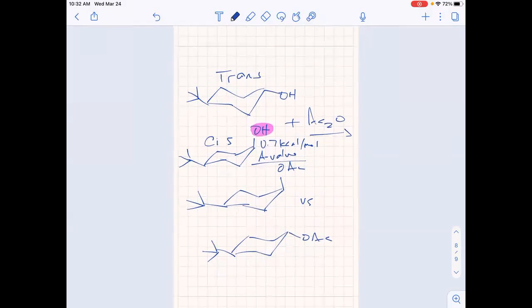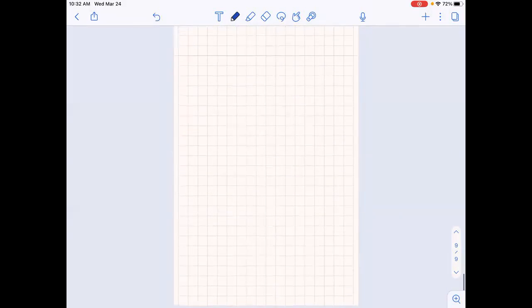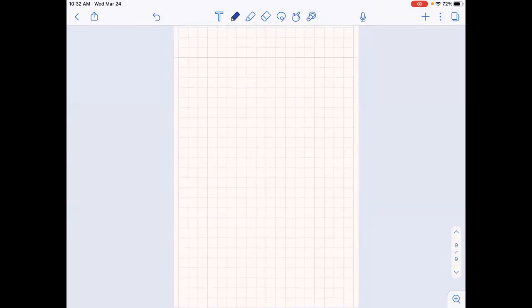And we look at another example where we take the same trans and cis 4-tert butyl cyclohexanol. We take those two, but we do an oxidation on them with chromium oxide, chromium trioxide. Let's see what happens there.